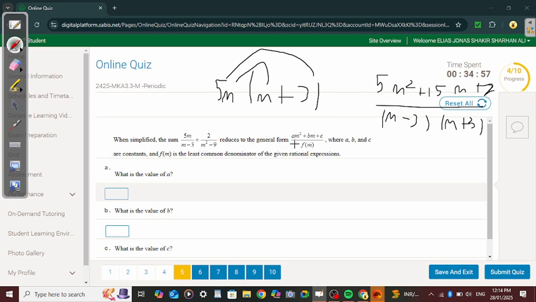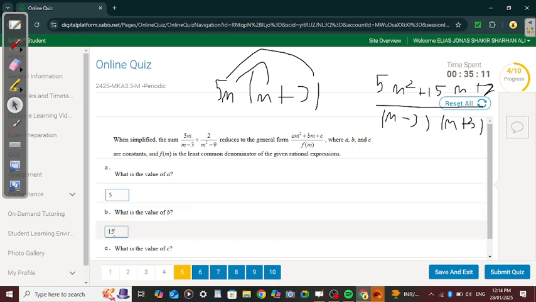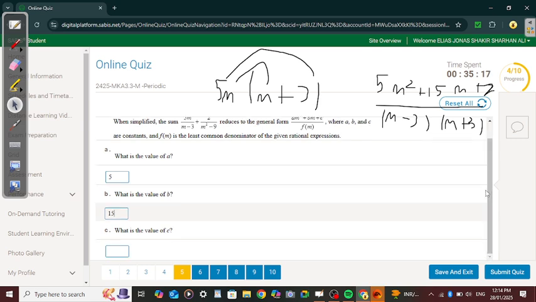Okay, so now, what is the value of a? A is the first coefficient, and that is 5. What is the value of b? B is the second coefficient, that is 15. And what's the value of c? It is the constant over here, 2.